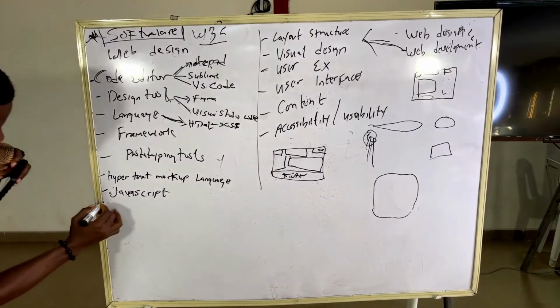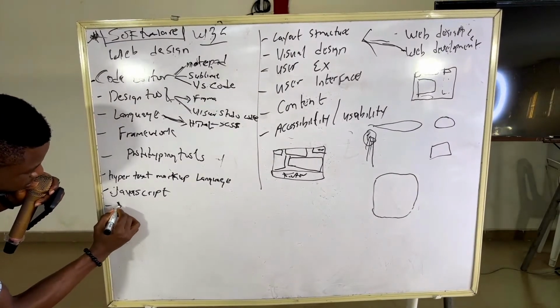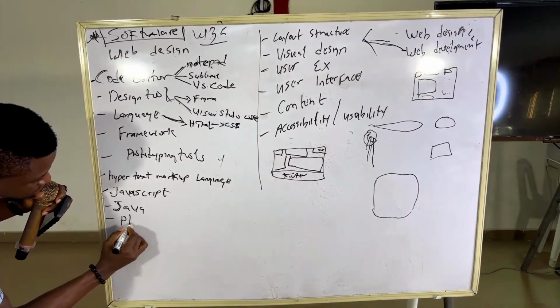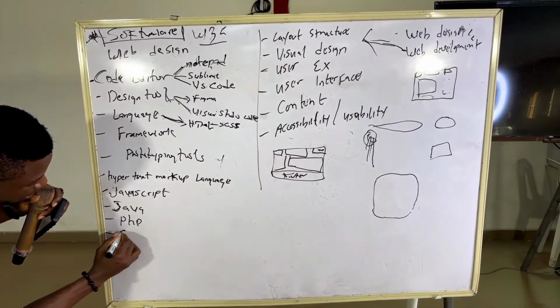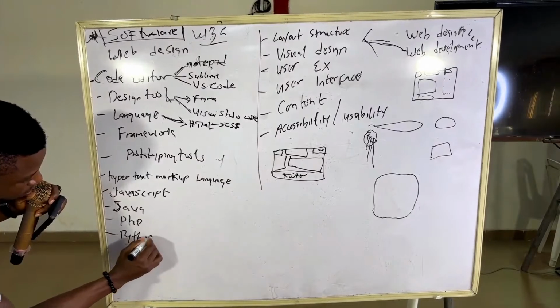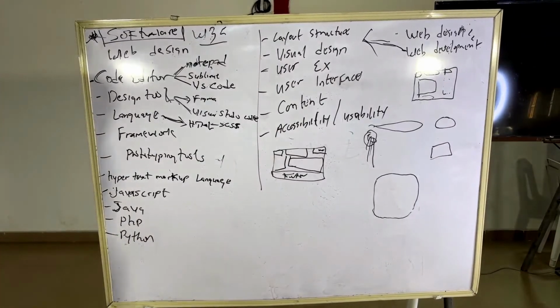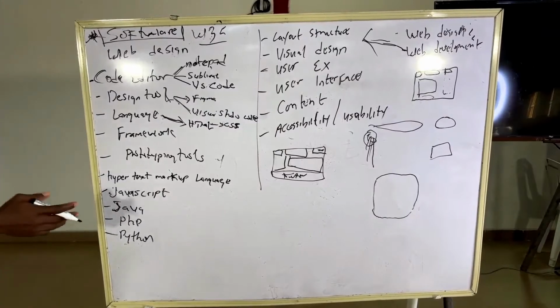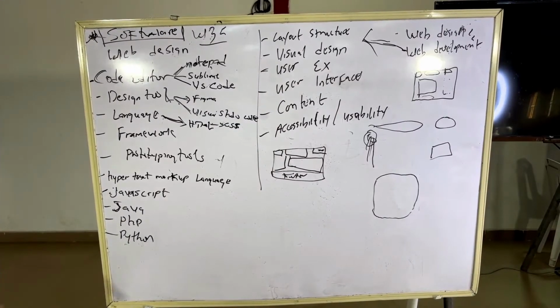We have JavaScript, we have Java, we have PHP, we have Python. These are some major languages. You'll be wondering, what's the difference between Java and JavaScript? There's a whole lot of difference between the two.